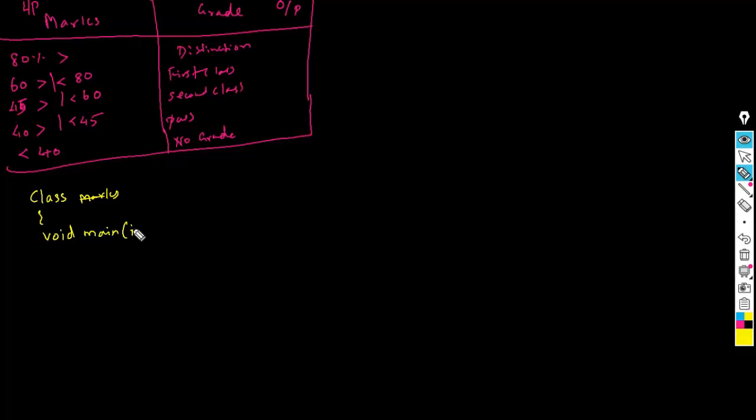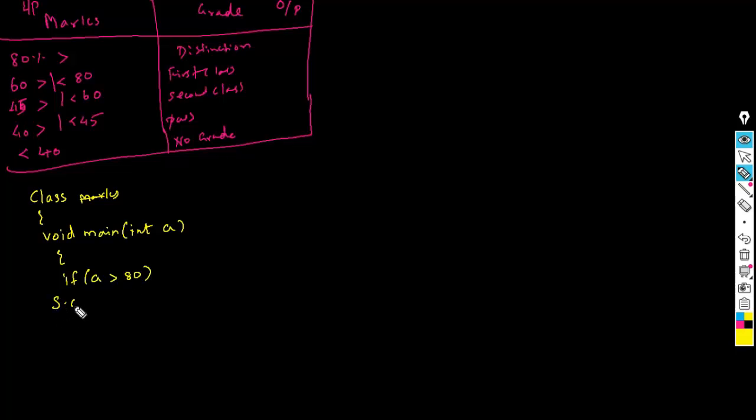So I have to take the average mark obtained as an integer, so I just give int a. After that I have one, two, three, four conditions, and the fifth one will be in the else part. So I write the first one: if average is greater than 80.